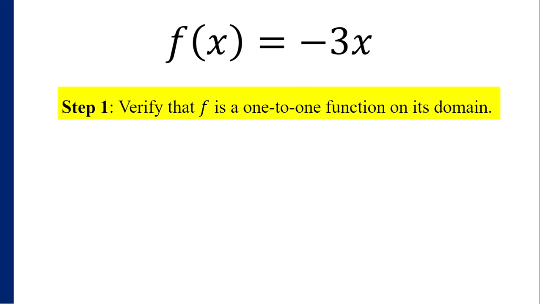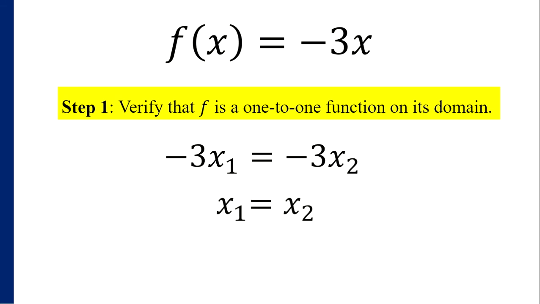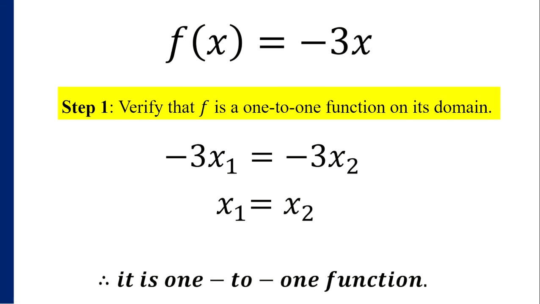Let's substitute x sub 1 and x sub 2. They should be equal so that we can say that this function is one-to-one. So we'll have negative 3x sub 1 is equal to negative 3x sub 2. Then dividing both sides by negative 3, we get x sub 1 is equal to x sub 2. It's our conclusion that it is a one-to-one function.